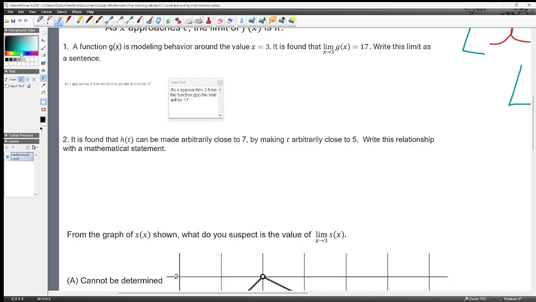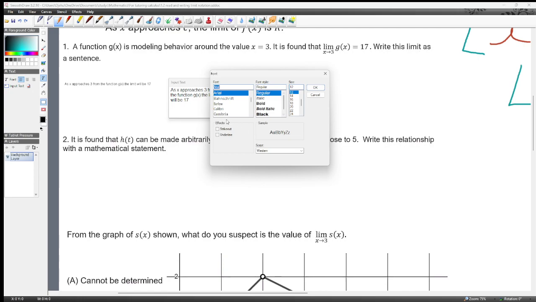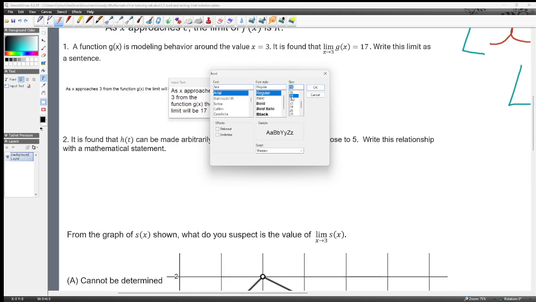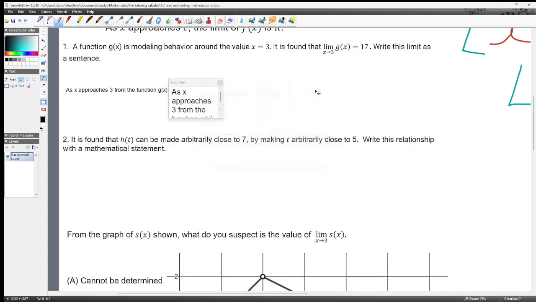You can really read it. I'll change the format. There you go. That's readable. As x approaches 3 from the function g of x, the limit will be 17. So that's a possible answer choice that you can put.